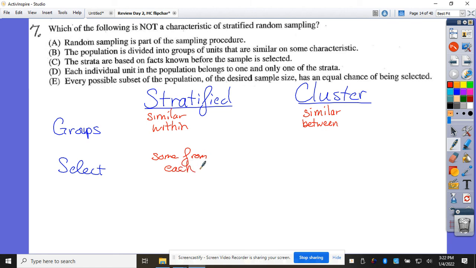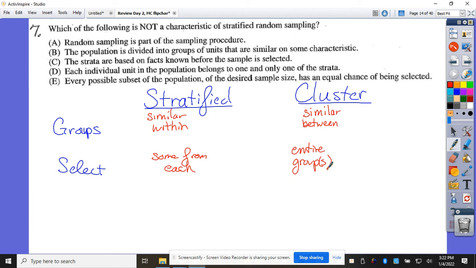It should be proportional to the population or to each group. But you're taking some from each, as opposed to cluster, where I select one entire group or groups. And this is definitely something you will see with that concept right there.